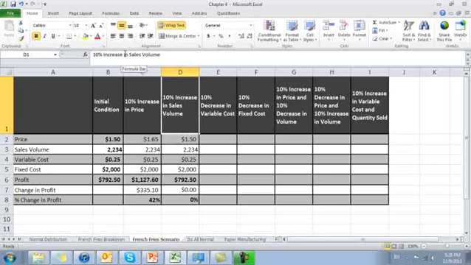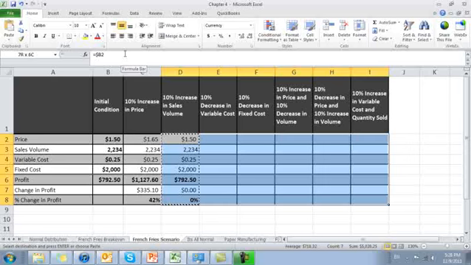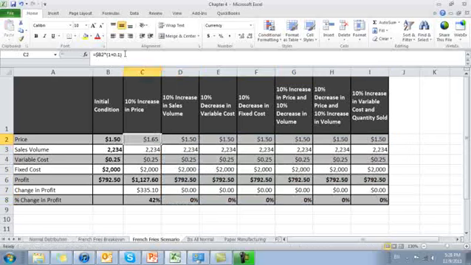I'm going to compare it to lots of different scenarios as you see going across. So I'm just going to copy and paste this whole set of equations across all the different scenarios, then go back through and individually change them to reflect the scenario under consideration. In this one, we're taking a look at a 10% increase in sales volume.